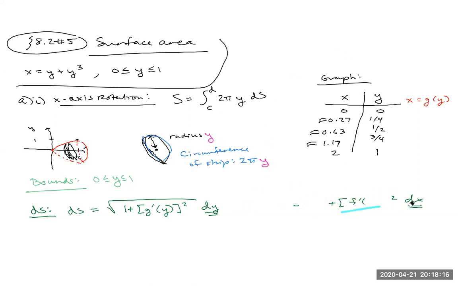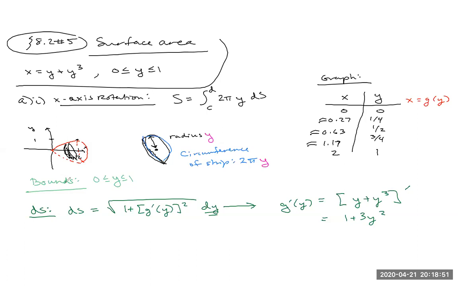Erase this portion. Okay, so then off to the side, let's find g prime of y. That's going to be the derivative of y plus y cubed, which is going to be 1 plus 3y squared.